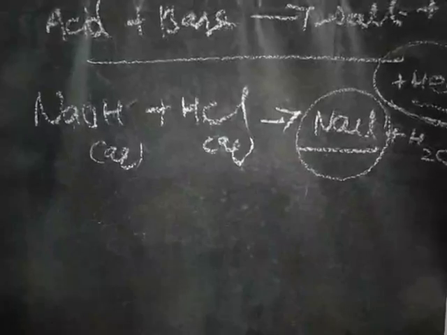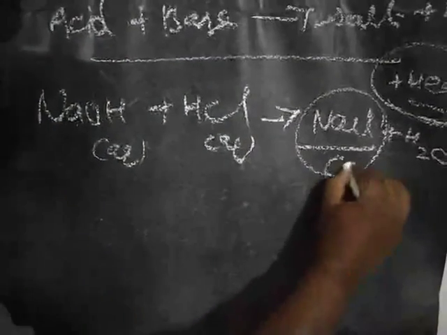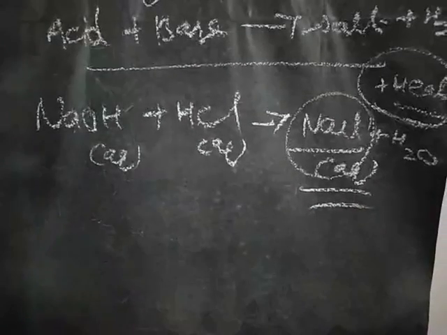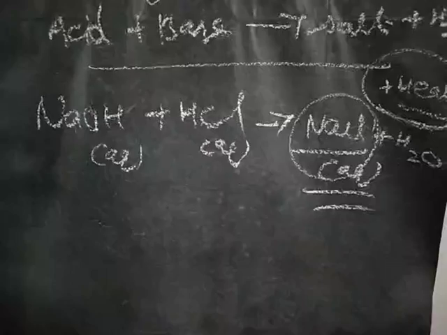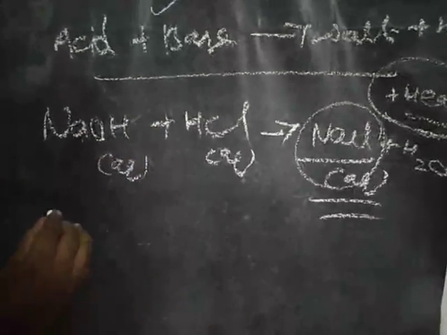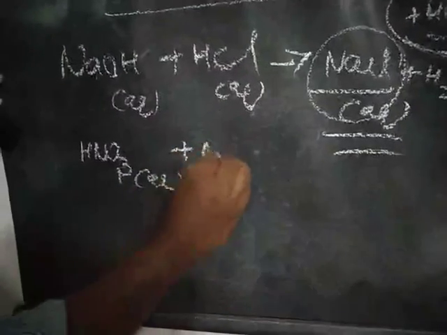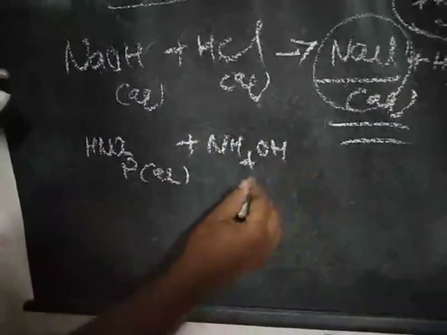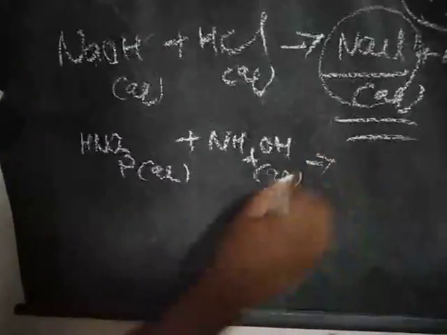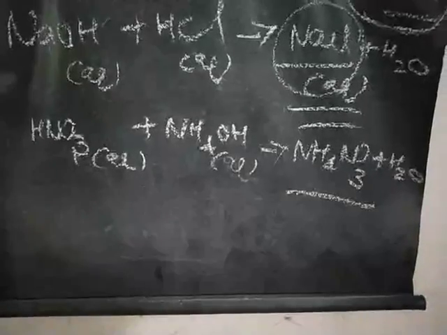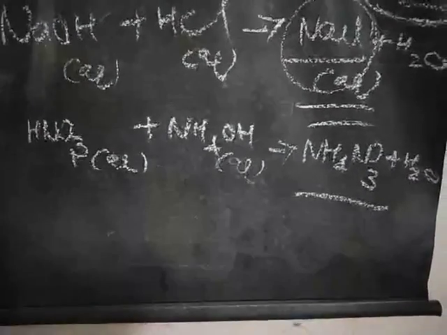It may be dissolved in water, showing as an aqueous solution. This is one example. Another one: nitric acid, HNO3, in aqueous solution reacts with ammonium hydroxide aqueous solution to give ammonium nitrate plus water. Ammonium nitrate is also in aqueous solution.